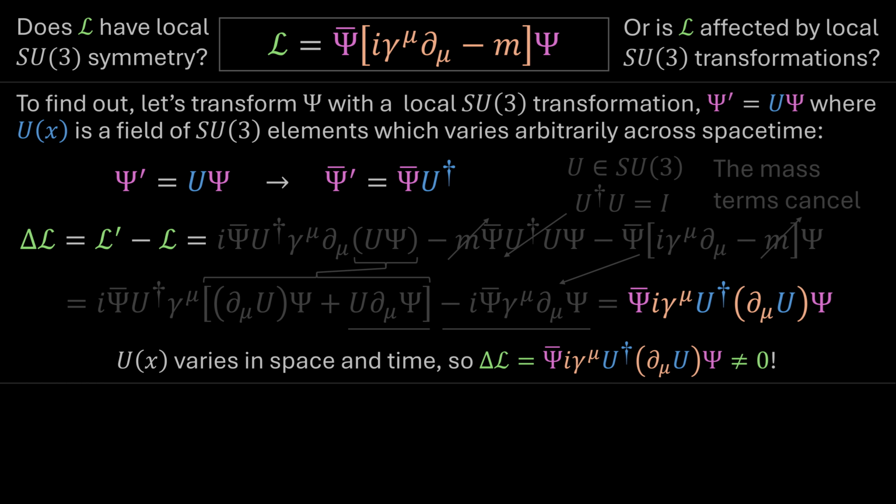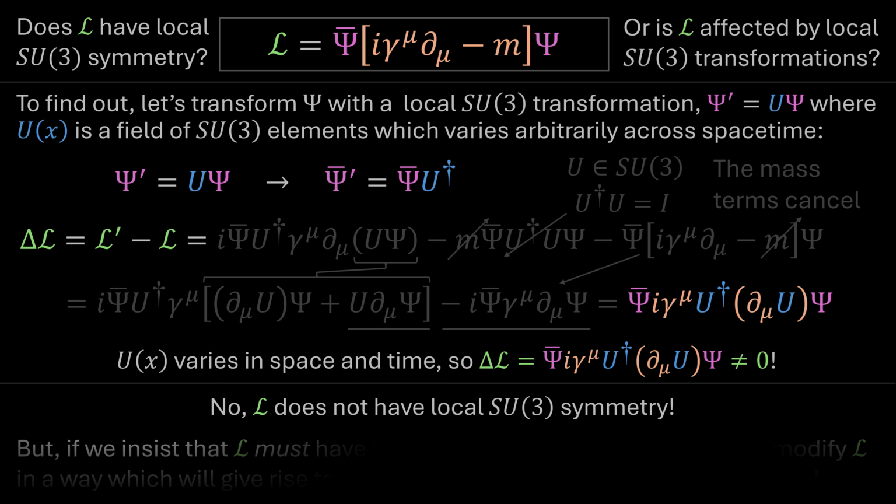Also non-zero is going to be our wave function psi, as well as the imaginary unit i, and the gamma matrices gamma mu. So all of this here is generally going to be a non-zero quantity, and that means that no, the Dirac Lagrangian does not have local SU3 symmetry, because it changes under a local SU3 transformation.